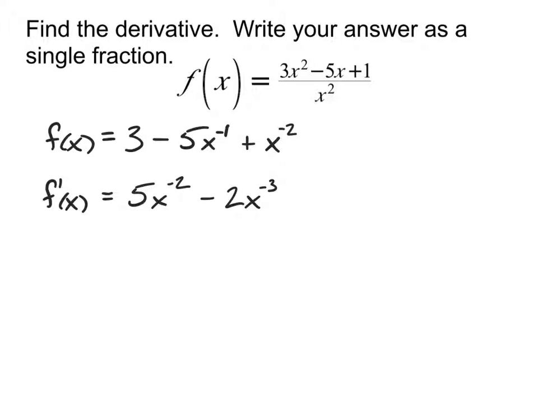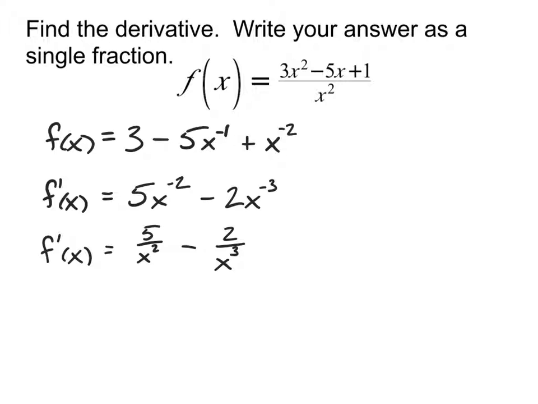But you'll notice we're not quite done with this one, because it does say to write our answer as a single fraction. Yes, we're now going to be simplifying as we go. And so you'll notice then I can turn them both into fractions then, right? So this would be like 5 over x squared minus 2 over x cubed.